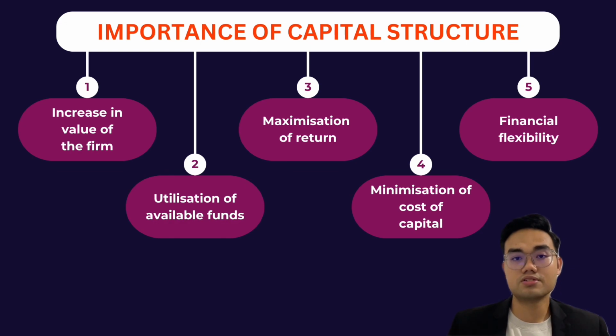A sound capital structure of any business enterprise maximizes shareholders' wealth through minimization of the overall cost of capital. And the last one is financial flexibility. A balanced capital structure provides financial flexibility, allowing a company to take advantage of growth opportunities.